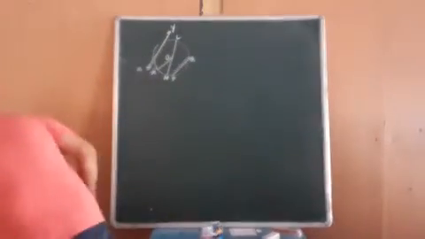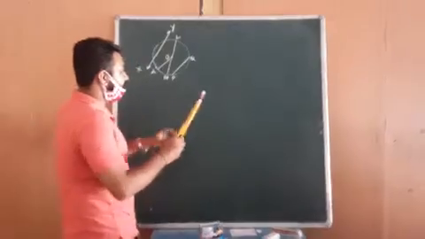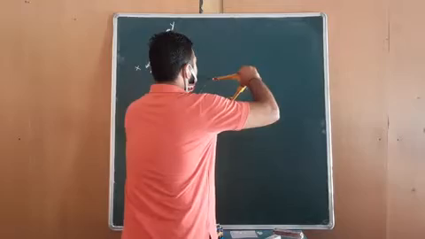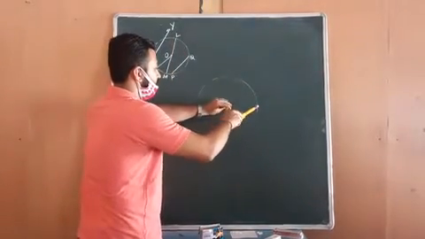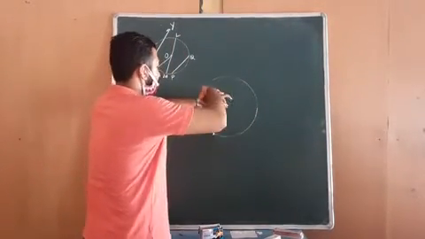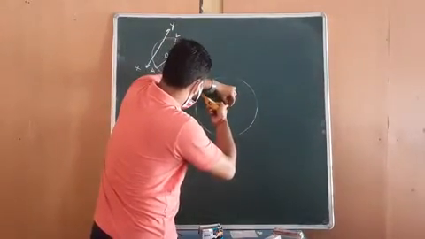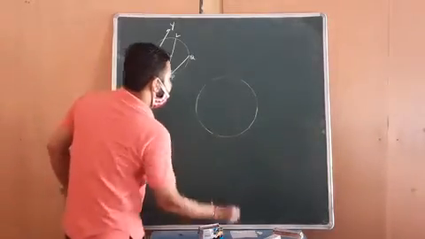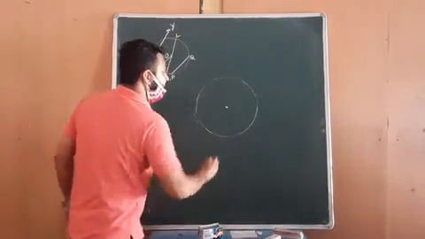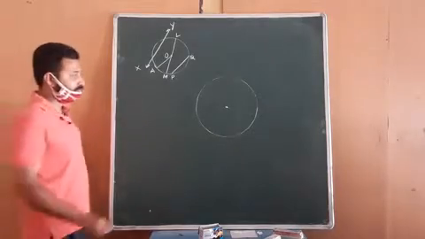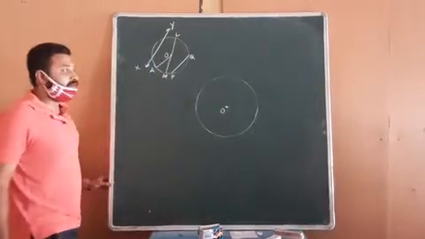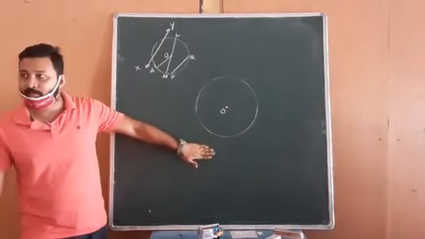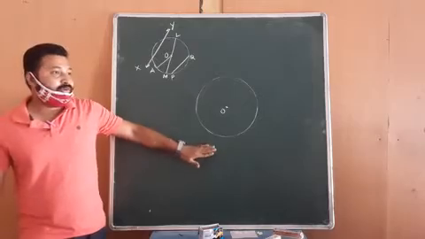Now suppose again we draw a circle with center O. This circle divides the plane, that means this blackboard or green board, into three parts.